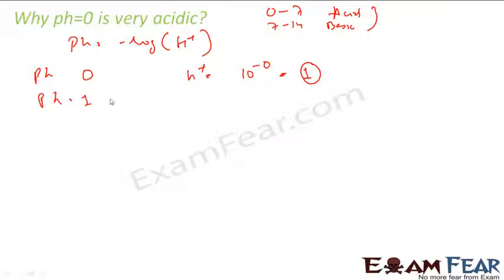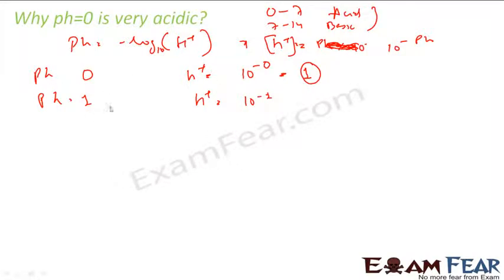If pH is equal to 1, H plus ion concentration is 10 to the power minus 1. Correct? So, pH is equal to minus log of H plus, so H plus is nothing but 10 to the power minus pH, since it is log to the base 10. So in case pH is equal to 0, H plus concentration is 1.